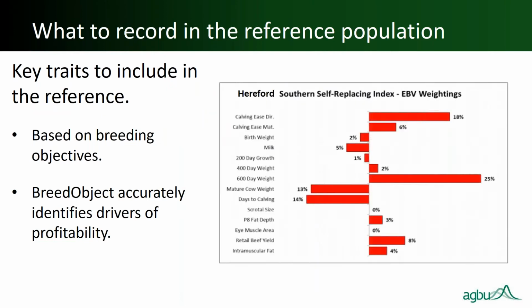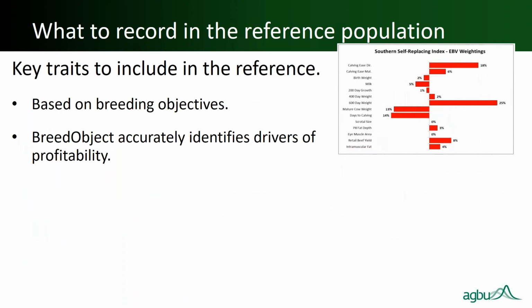This is just an example of the weightings that are put on individual traits in our evaluation, as an output of our breeding objective development system, and that drives the development of indexes for our different breeds. For this Hereford index, we've got relatively high weighting on growth, on mature cow traits, on calving ease, certainly reproduction as days to calving, with yield coming into the equation as well.